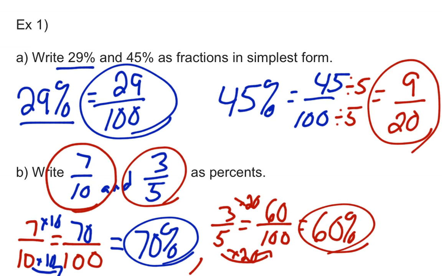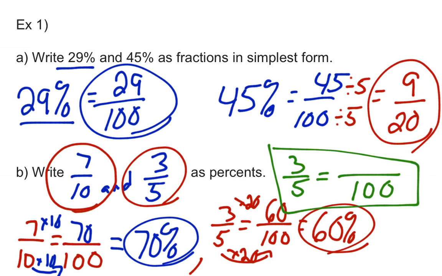One thing you might have noticed before we go to the next slide, if I do this one again here, I'll do this one in green. If I take the 3/5, you might have noticed something. When I said we want to change this to something over 100, what I did was go times 20 to get 100. But just watch here. Maybe you don't have to do that. We've got another way. All we really did was set up a proportion.